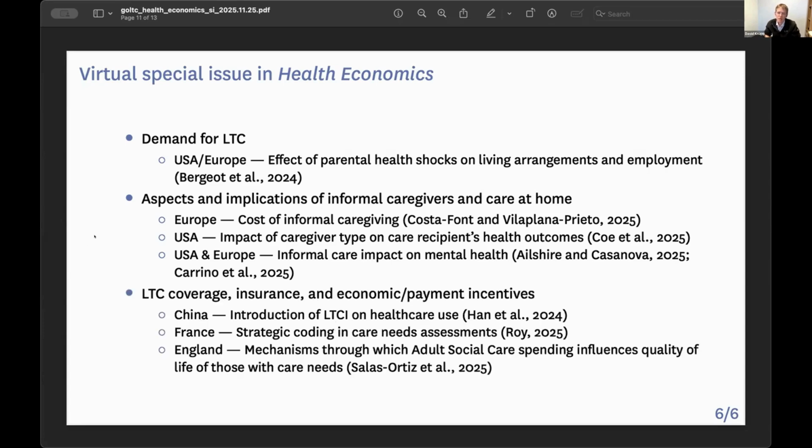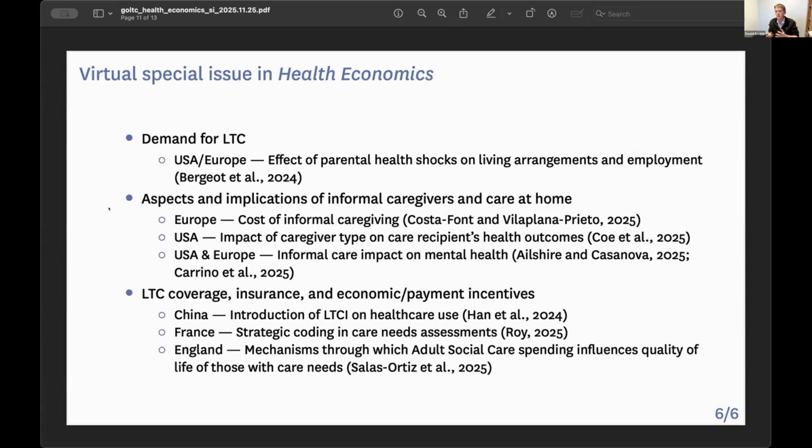The last set of papers looked at a combination of topics circling around long-term care policy, focusing on long-term care coverage, insurance, and economic payments and incentives. In China, the Han et al. paper looked at the impact of long-term care insurance on the use of inpatient services. Some of you may be familiar, given our general interest in long-term care insurance, but in China, long-term care insurance was initially introduced in an experimental setting in 15 cities in 2016, and was later expanded to 14 other cities, as well as independently adopted by some cities across China.